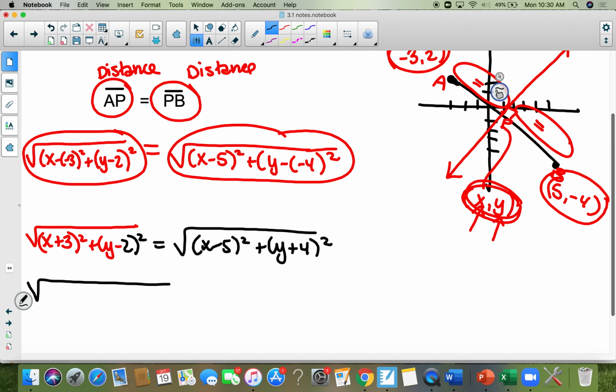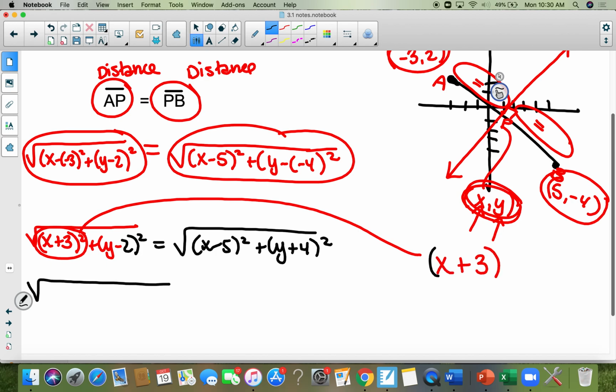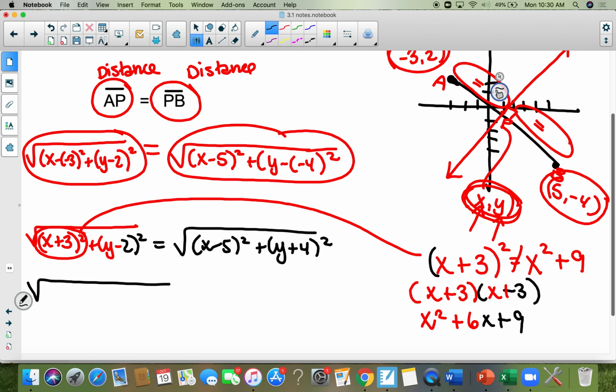X plus 3 squared. This is what some people are doing wrong on last week's test. Some people think that x plus 3 squared is x squared plus 9. That is wrong. X plus 3 times x plus 3 equals x squared plus 6x plus 9. That's what that equals.